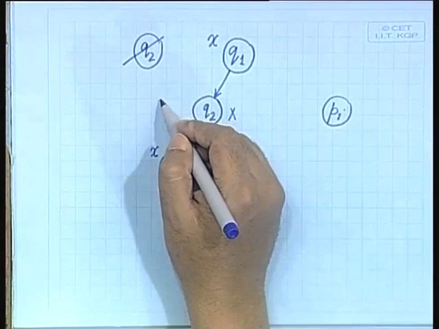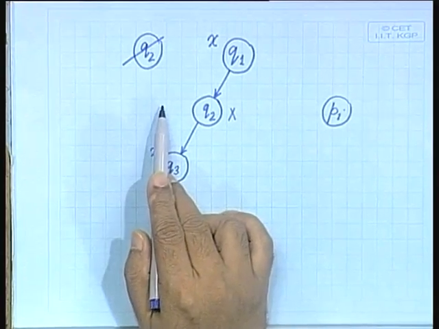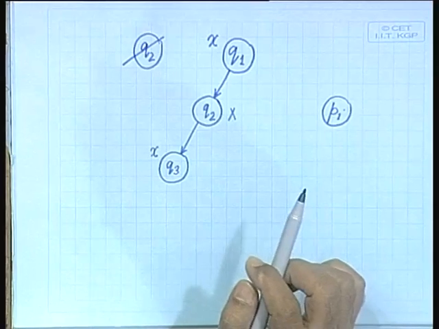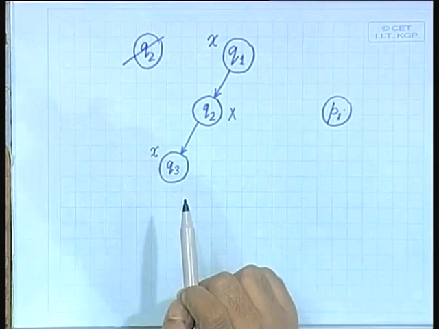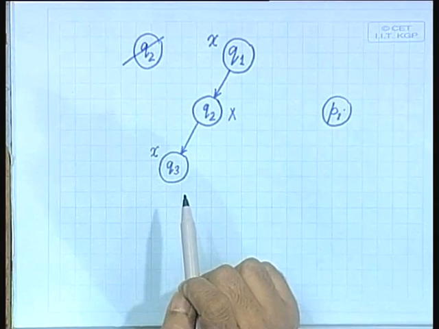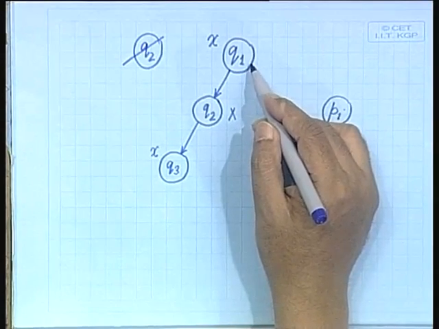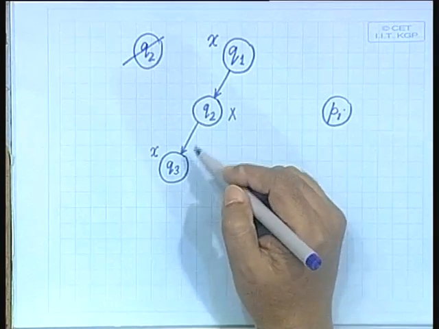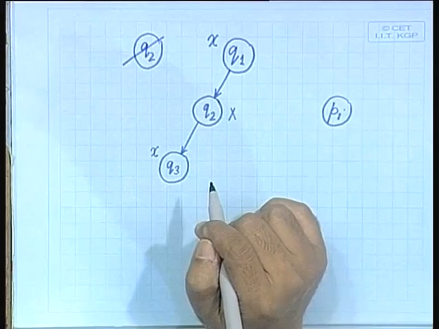Q3 did not get it in the second round, because if Q3 had got it in the second round, then it would have sent it to Pi, but Pi never got it. So, Q3 is seeing x here for the first time, right. Why? Because in the first round Q1 crashed before sending it to Q3, in the second round Q2 crashed, rather Q2 sent it to Q3. Okay.